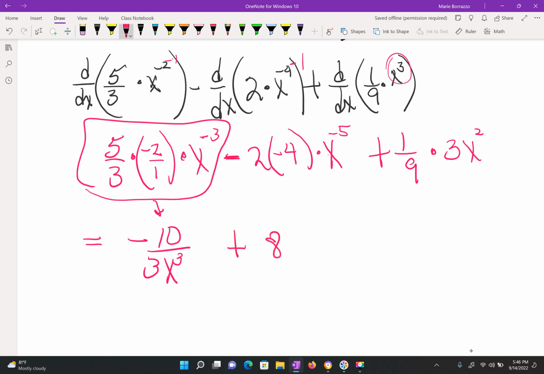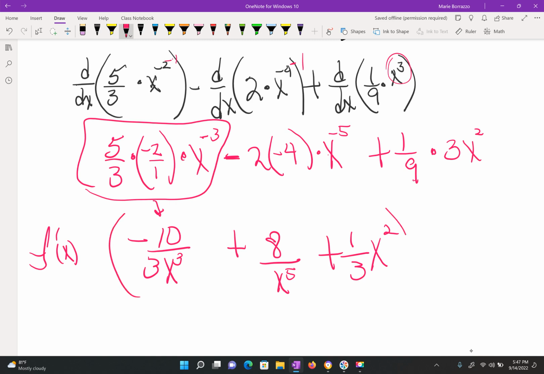And since this is x to the -5th, it drops down as x to the +5th. And I'm going to finish here with 1/3, so plus 1/3, because this becomes 3/9, hence 1/3. And this is just x squared because it's already positive. This is the first derivative of this expression. All of that.